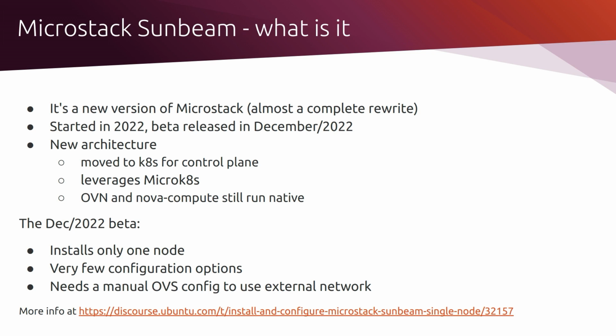And it still needs a manual OVS configuration for the machine to be able to reach the external networks and go to the internet, for example. But I will be going through that in the video, so it will be easy to follow.